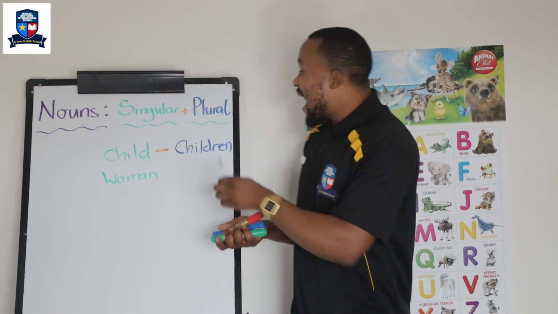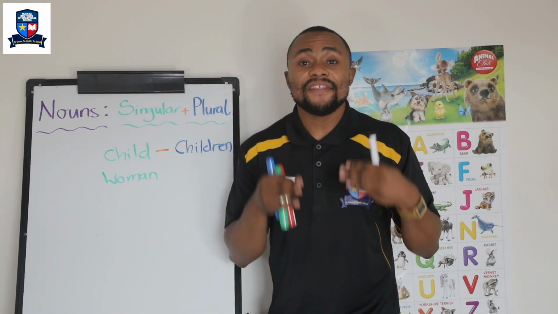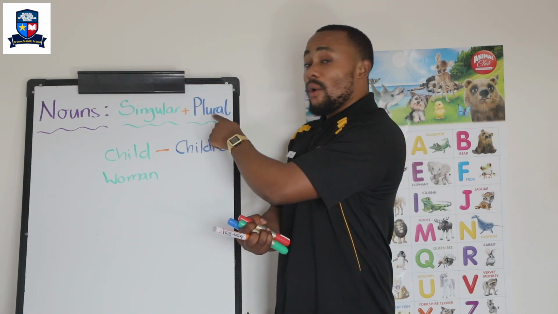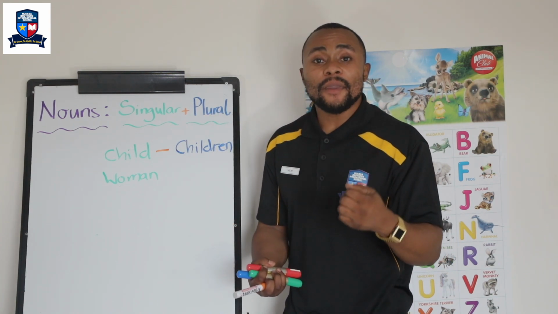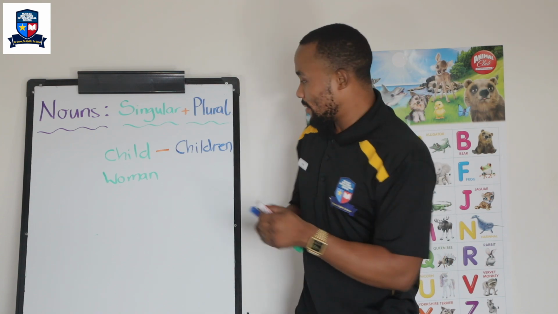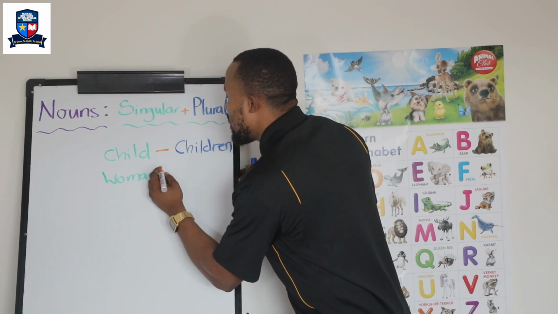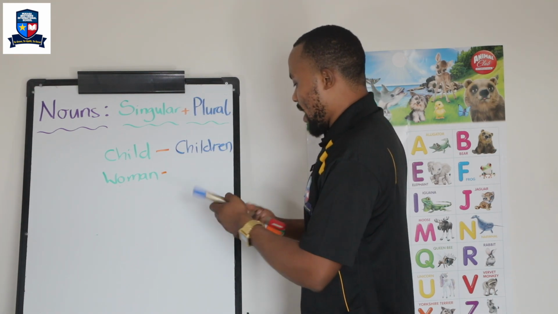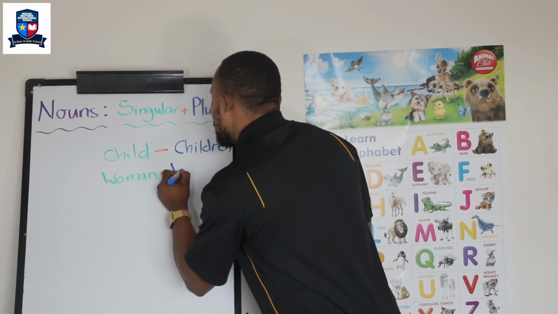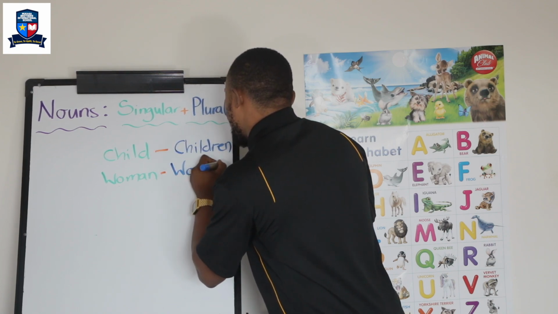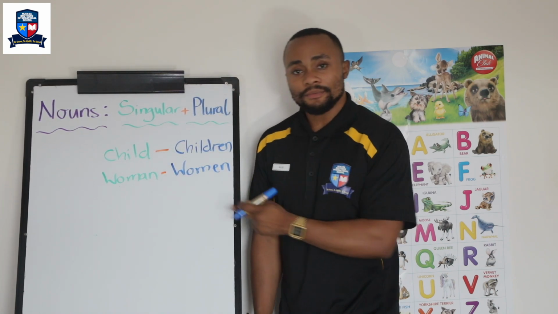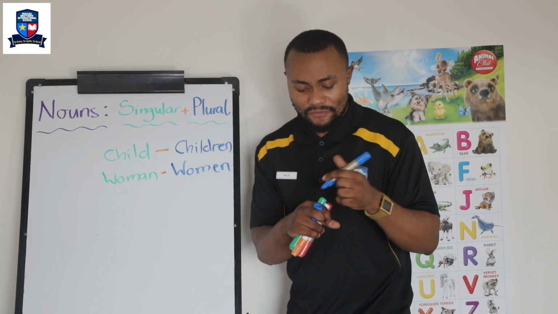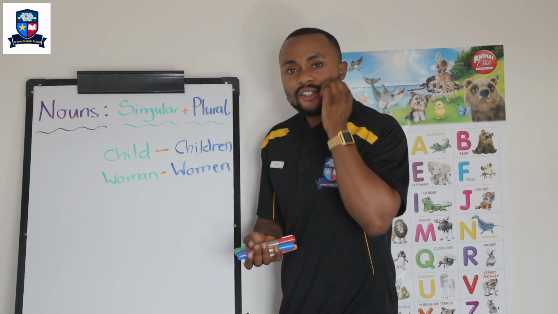But if I want to show that there is more than one woman, for it to become a plural form, it becomes women. Okay? So I'm going to write it down here. Women. Very good. There you go. And again, we're not adding an S. So this is another different way.